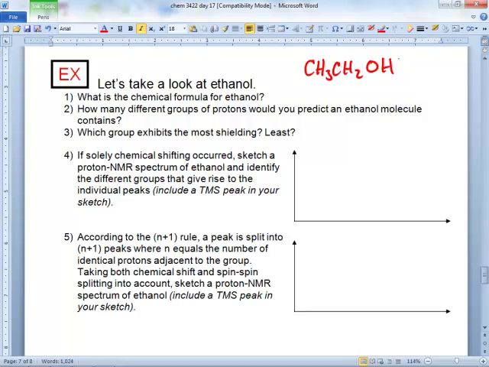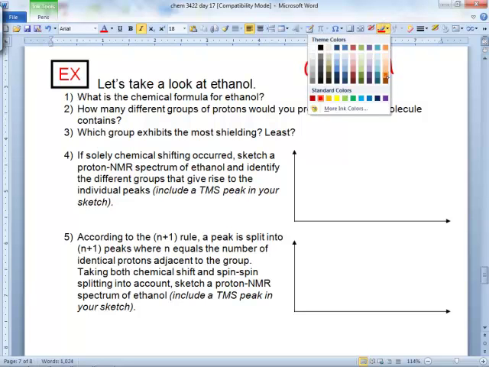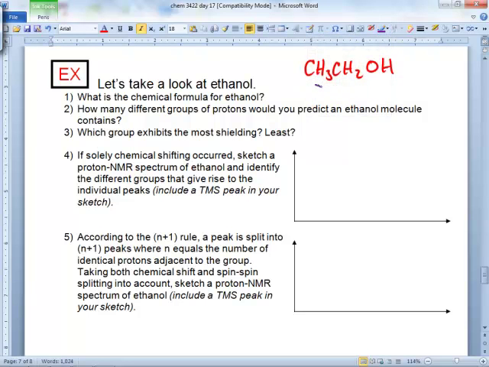I see 6 protons total, right? Are all of these 3 chemically equivalent? Do they all have the exact same chemical environment?